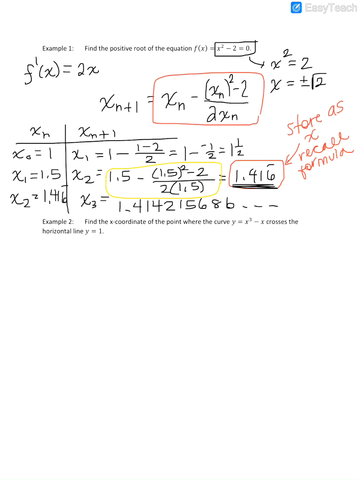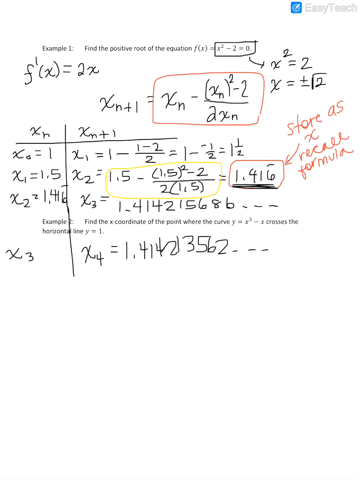You're going to recall your formula that you used, and that's x3, okay? So now, I'm not going to rewrite it, but go ahead and find your x4 now using that. And then hit pause when you're ready. Go ahead and play. So I got 1.4142135562.